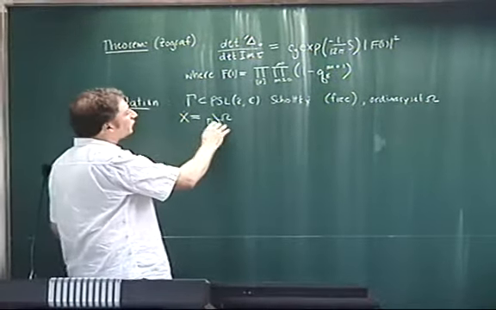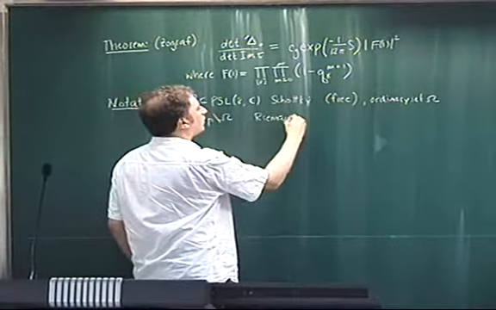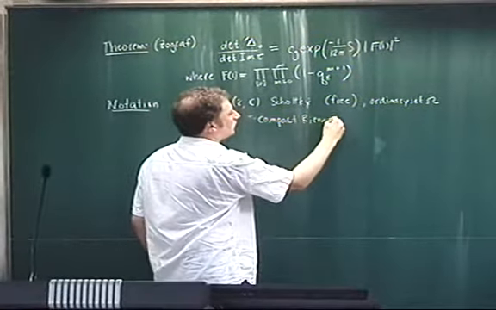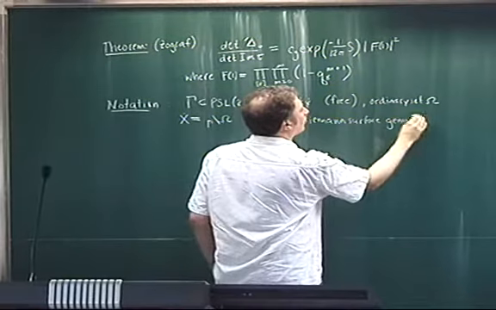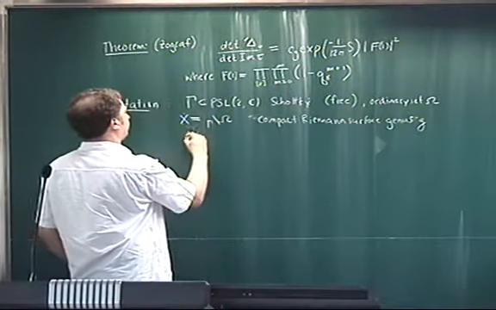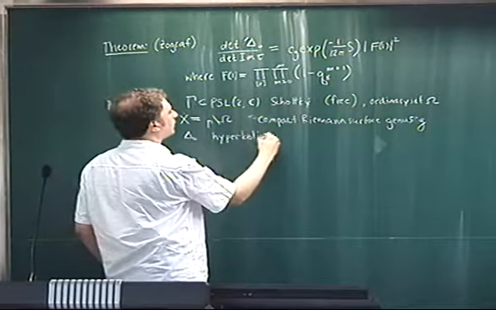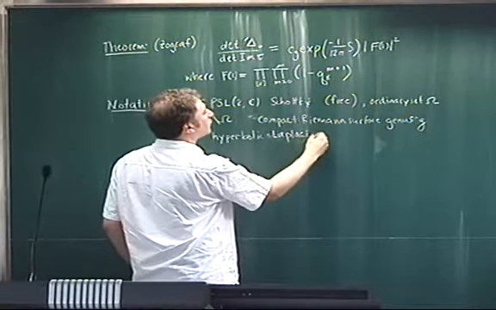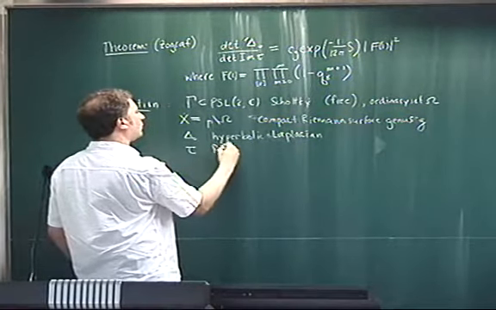The quotient of the ordinary set by gamma is a compact Riemann surface, genus G. Delta 0 is the hyperbolic metric, the hyperbolic Laplacian. So Laplacian and hyperbolic metric. Tau is the Riemann period matrix.